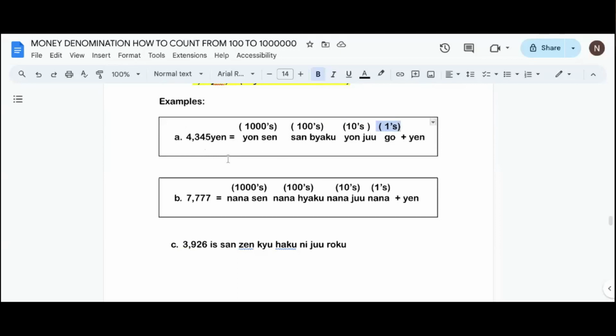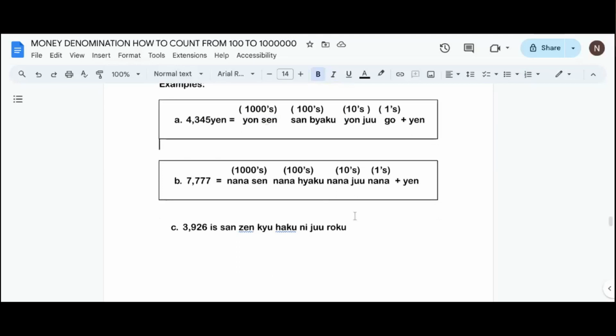The 4,000 represents yonsen, 300 represents sanbyaku, 40 represents yonju, and the 5 yen represents go yen. So you would read it as yonsen sanbyaku yonju go yen. Okay? That's how you count.